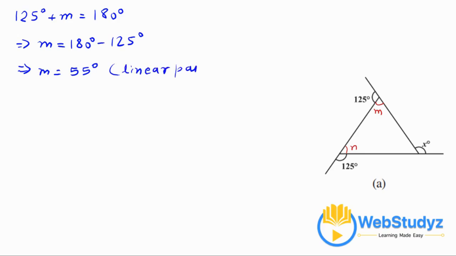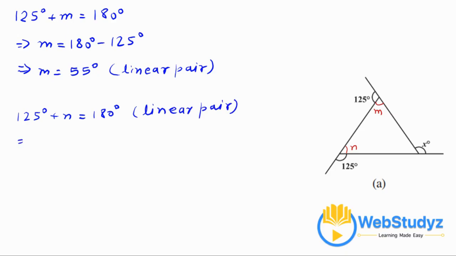That means we can say it is a linear pair. As it is a linear pair, so we can do this. Now another equation is 125 degree plus N is equal to 180 degree. Again we can write this as this is a linear pair.